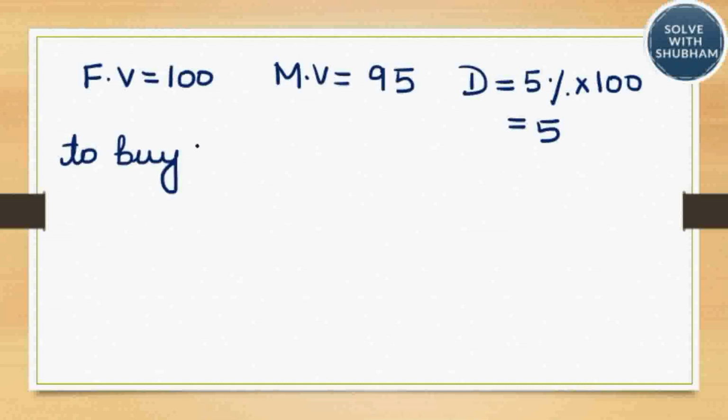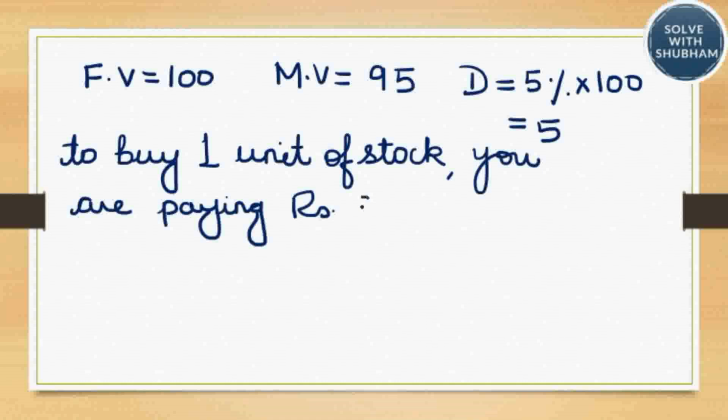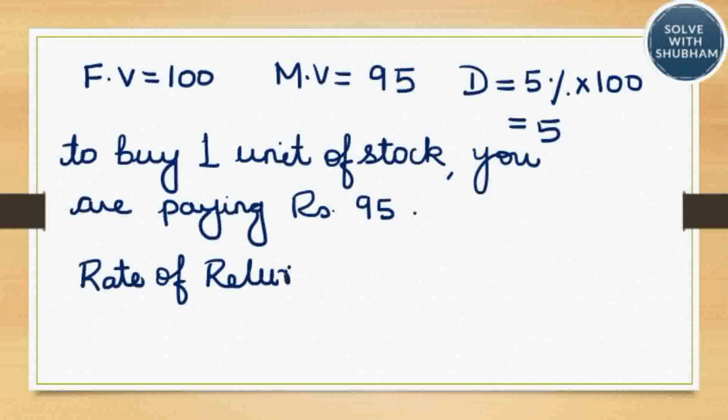It means to buy 1 unit of stock you are paying rupees 95, the market value. So can you find out your rate of return? Your profit, which is your dividend, on the market value, which is 95 here, into 100.